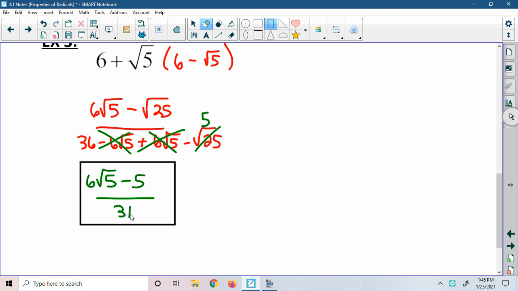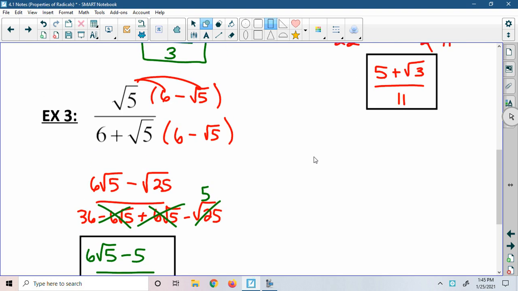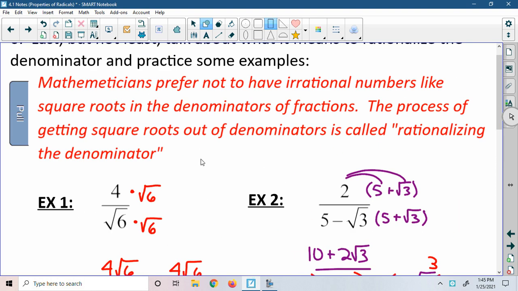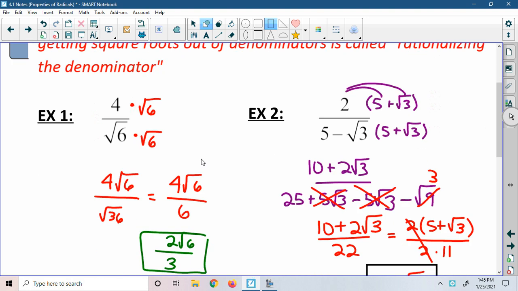We got all of the square roots out of the bottom. So when you're rationalizing the denominator, you have to remember a couple different methods. If the bottom is just one term, multiply it by itself. If the bottom's 2 terms, then you use conjugates and multiply by the conjugate.